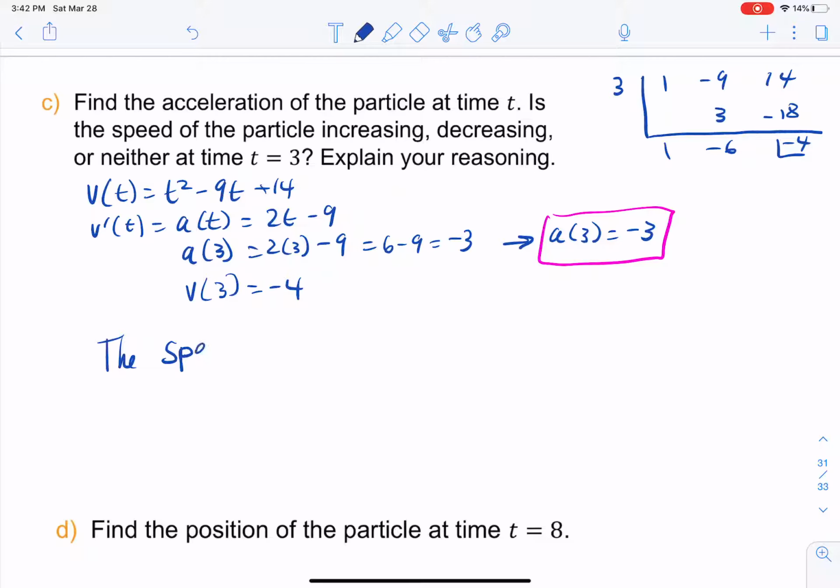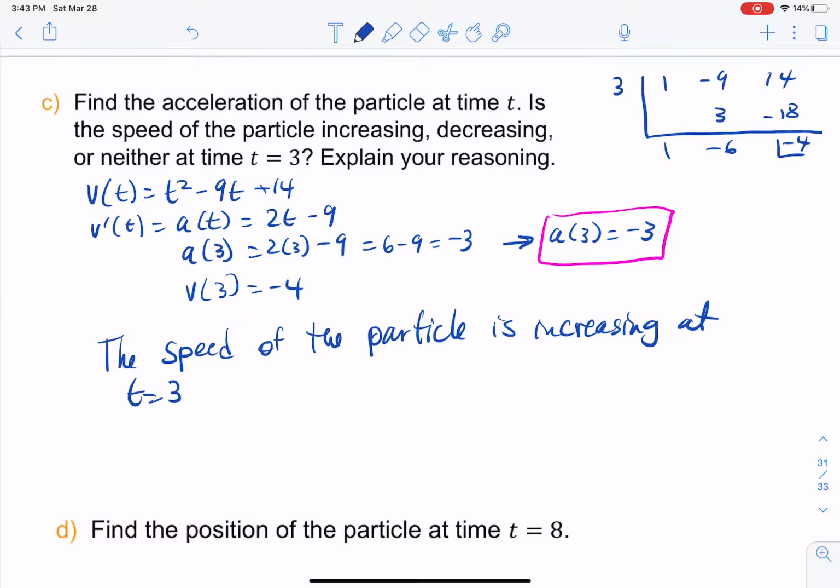The speed of the particle is increasing at t equals 3 seconds, whatever, because v of 3 and a of 3 have the same signs.